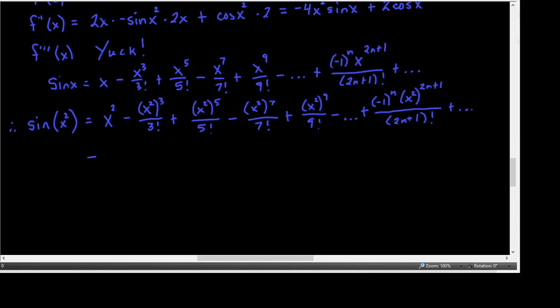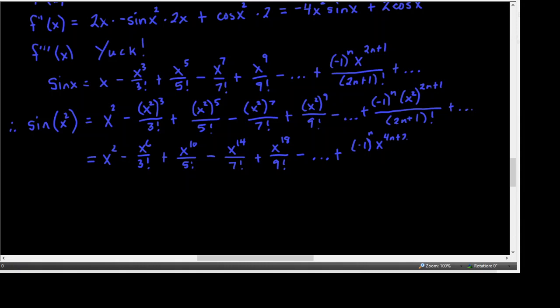Which simplifies to be x squared minus, 2 times 3 is 6, x to the 6th over 3 factorial plus, 2 times 5 is 10, so x to the 10th over 5 factorial minus x, 2 times 7 is 14, so to the 14th over 7 factorial plus, 2 times 9 is 18, over 9 factorial minus dot dot dot plus negative 1 to the nth times x to the 4n plus 2.